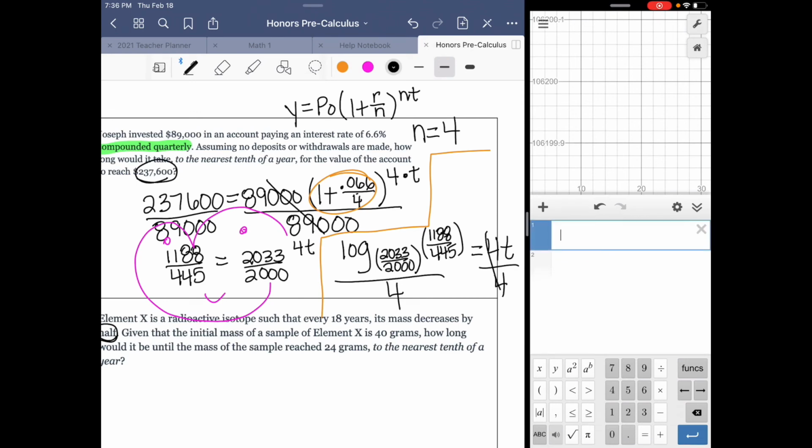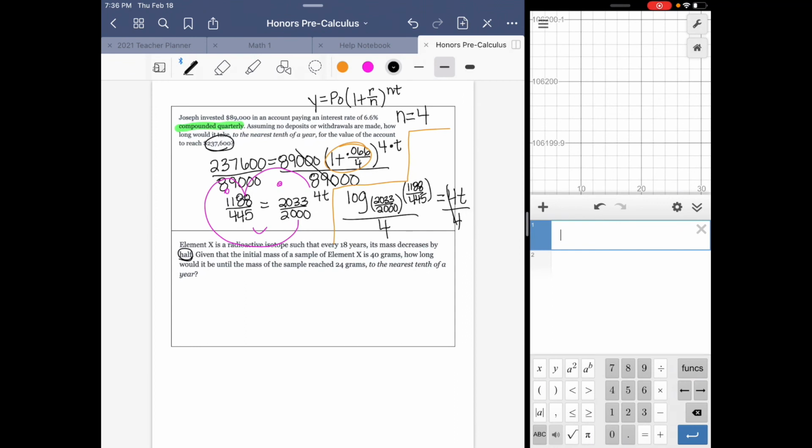So you're going to have to use the change of base formula. So remember, the change of base formula says that I would do the log of the top part, divided by the log of the bottom part, which is going to be 2033 over 2000. And then the whole thing is going to have to be divided by 4.